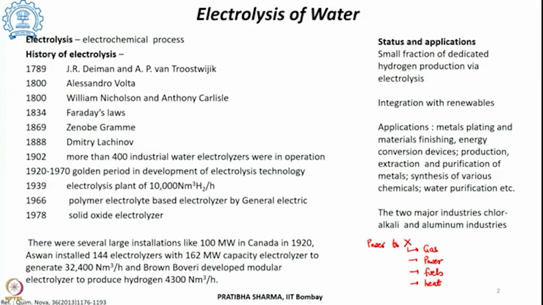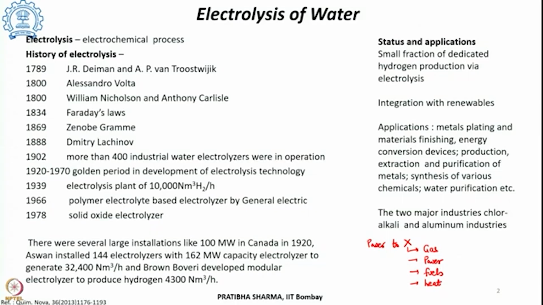In 1888, Dmitry Lachinov for the first time came up with industrial scale hydrogen production using an electrolyzer, and by 1902 more than 400 industrial water electrolyzers were in operation. It is said that 1920 to 1970 was a sort of golden period in the development of electrolysis technology, where most of the components and most of the technology were invented and evolved during this period.